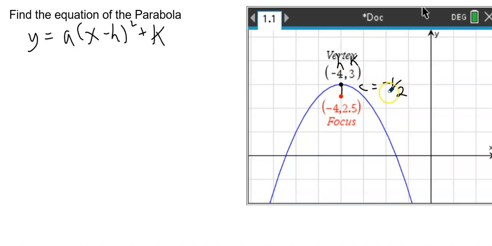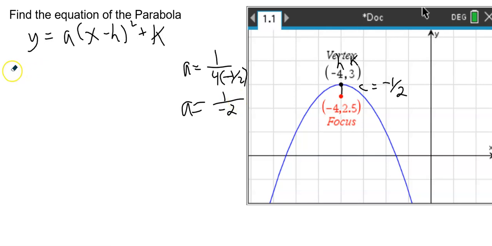Another way is to plug in the formula and get it from that. So I really like doing it that way. So then a would equal 1 over 4 times c. c is negative 1/2. So a equals 1 over negative 4 halves, or negative 2. So negative 1/2. It's kind of interesting. c is negative 1/2.